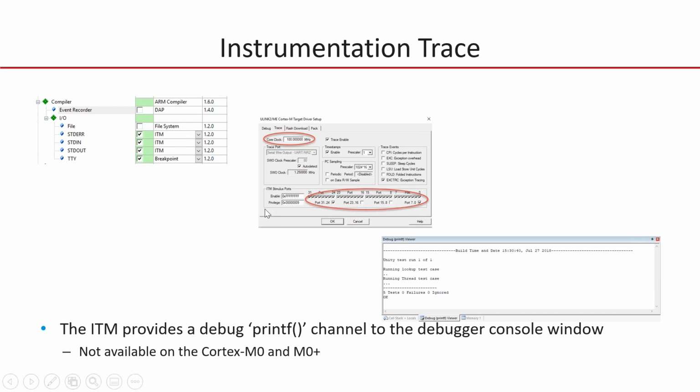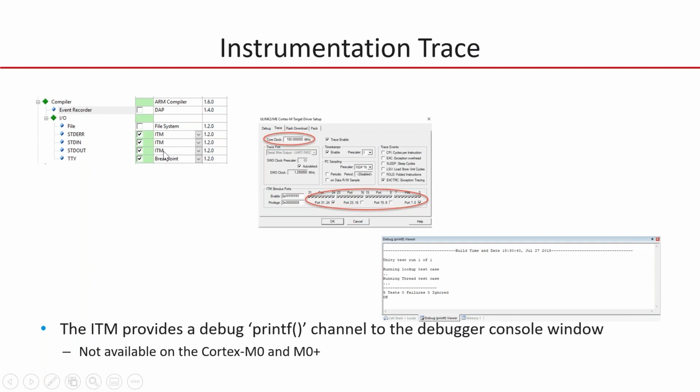So for our public use, this is configured again through the runtime environment. So in this compiler section, we have an IO section, and then we can enable the standard IO channels. And here we can either select user, where we can direct it to a peripheral like a UART, or if we select ITM, we will direct it to the instrumentation trace.